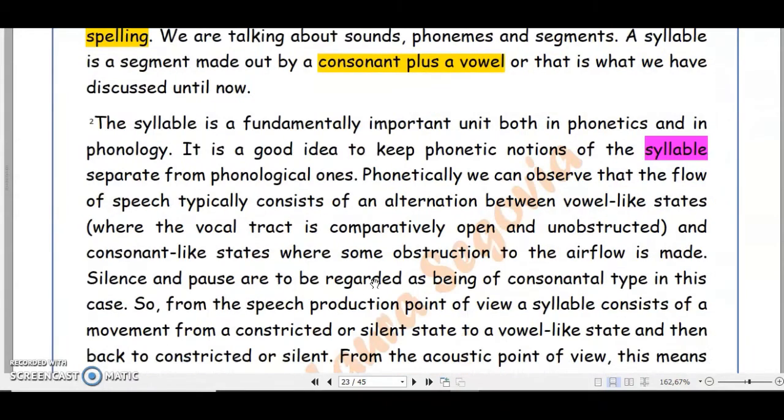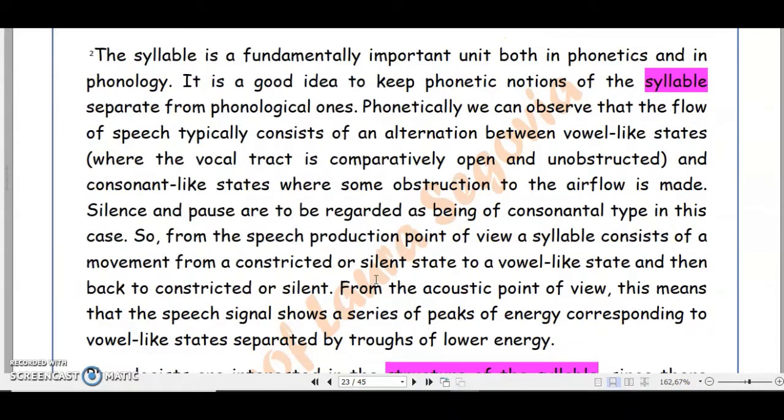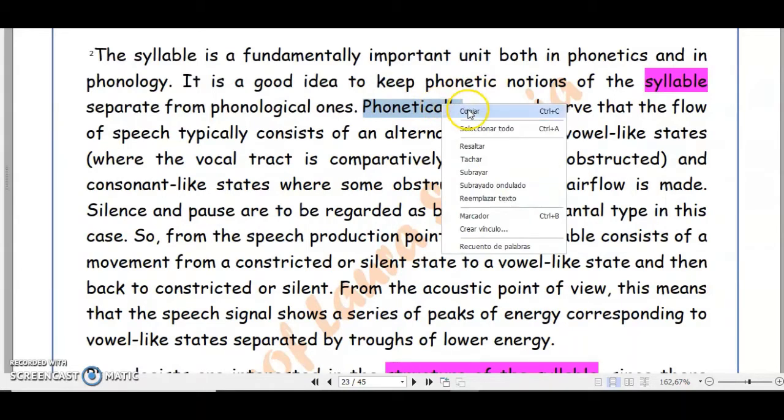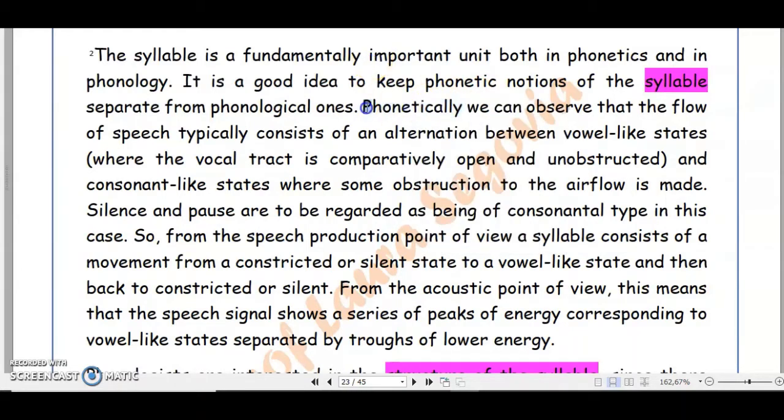But what you need to know in this first part is that there is a distinction that is set from the phonetic point of view and from the phonology point of view, sorry, it's a tongue twister. Phonetically, when we have to describe a syllable, let's mark it out here, we talk about the airflow.